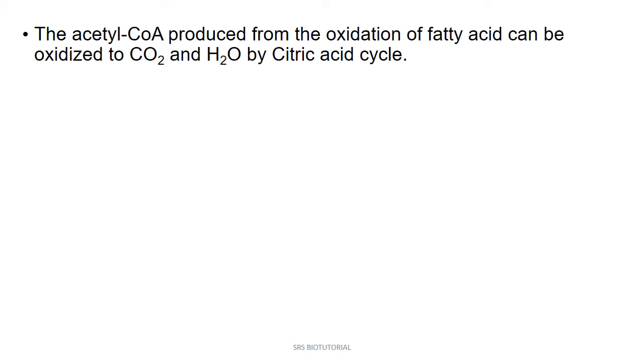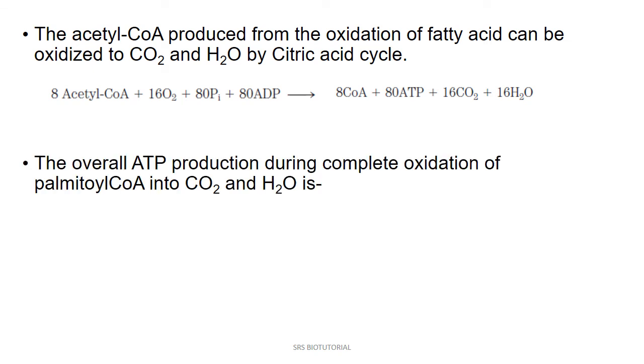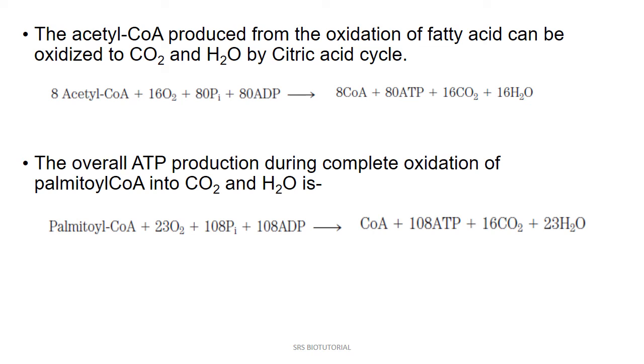The acetyl coenzyme A produced from the oxidation of fatty acid can be oxidized in the citric acid cycle. During this process, one molecule of acetyl coenzyme A is converted into 10 molecules of ATP. Hence, 8 molecules of acetyl coenzyme A are converted into 80 molecules of ATP. Then the complete oxidation of palmitoyl coenzyme A produces 108 molecules of ATP.